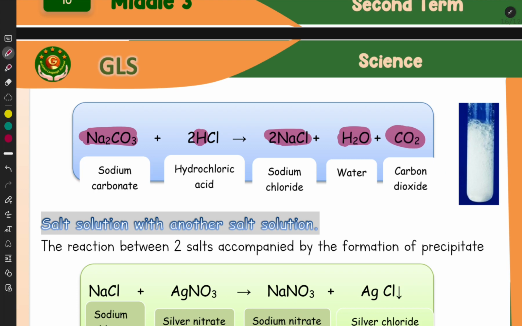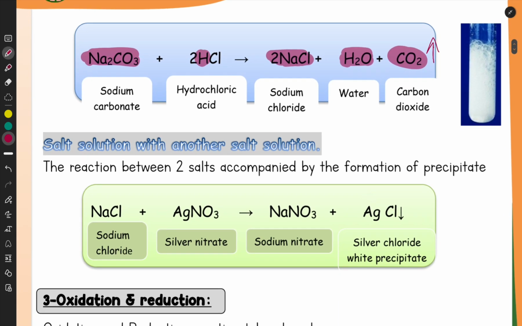The carbon dioxide will evolve because it's a gaseous matter. Again, sodium carbonate, Na2CO3, a salt, with HCl, an acid, will produce sodium chloride, salt, and water, and carbon dioxide, CO2.